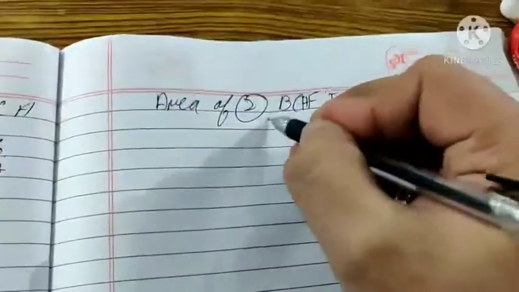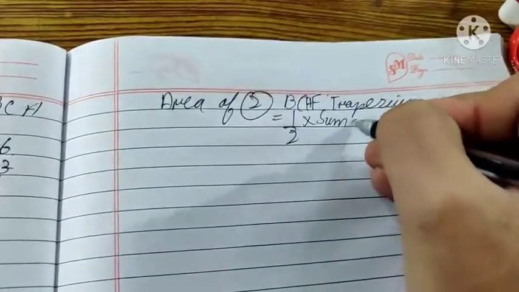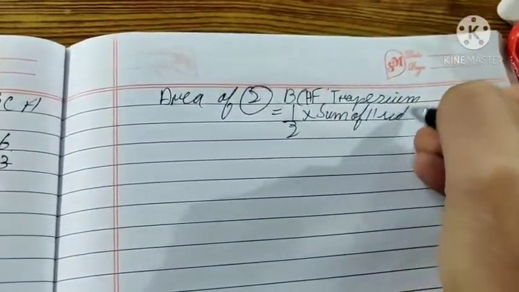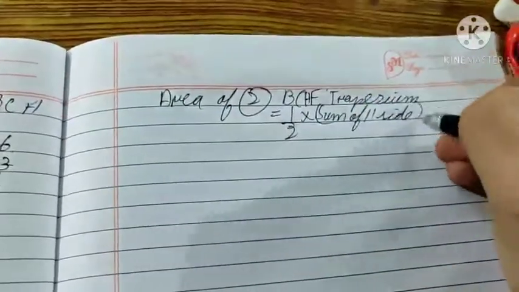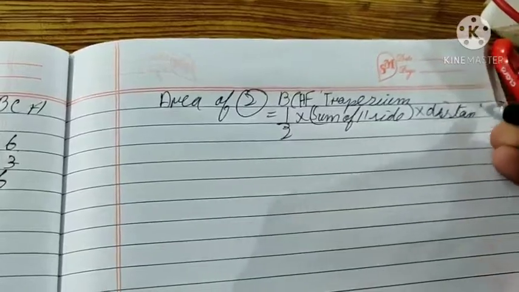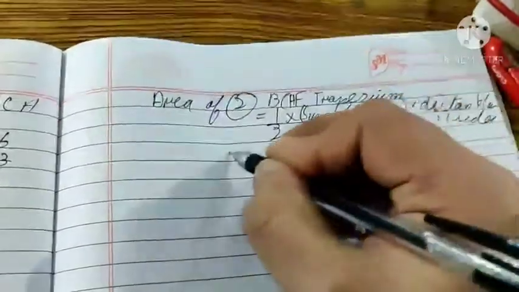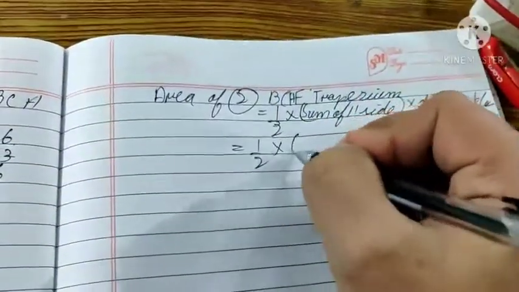So area of trapezium BCHF, area of trapezium is half into sum of parallel sides into distance between parallel sides. So half into sum of parallel sides.